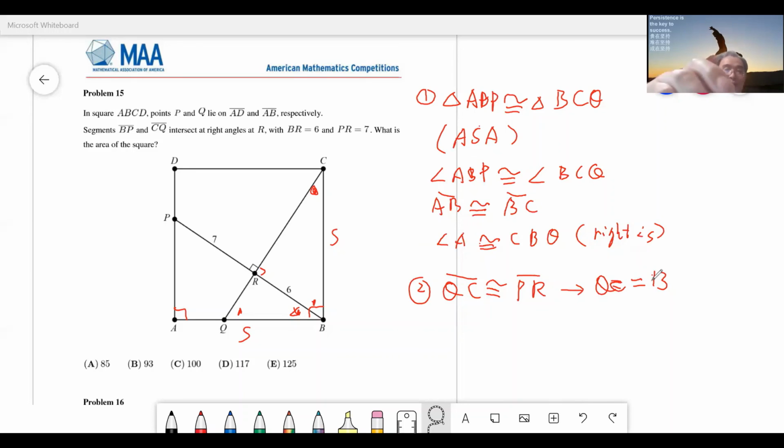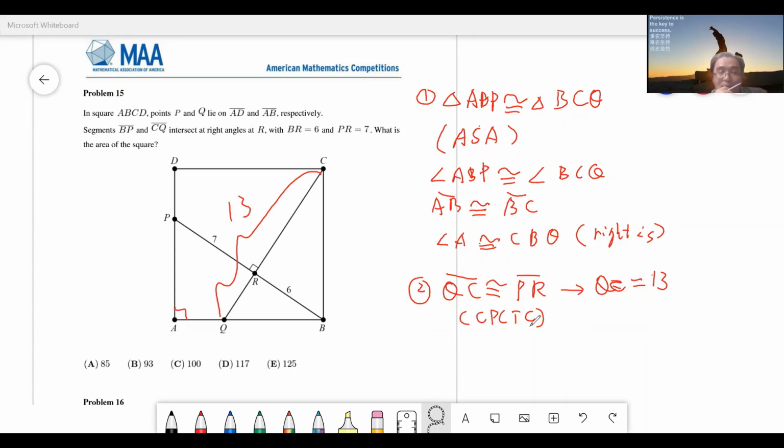So we find QC equals 13. This is because of CPCTC: corresponding parts in congruent triangles are congruent.